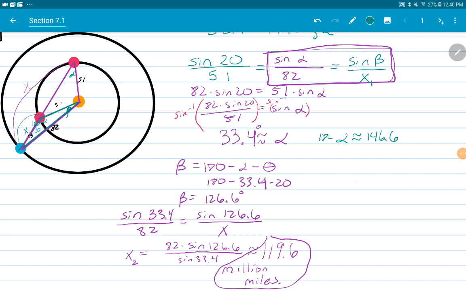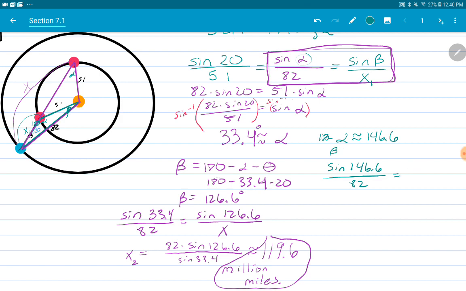So it's the other little angle over here, on the red planet. Okay, so if this guy across from the 82 is 146.6, then I get sine of 146.6 over 82 equals sine of beta, which, oops, I gotta find beta, don't I?